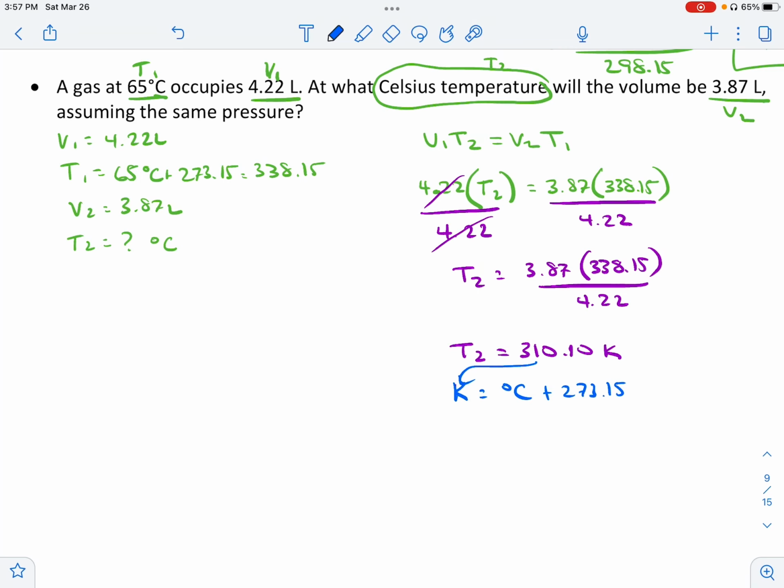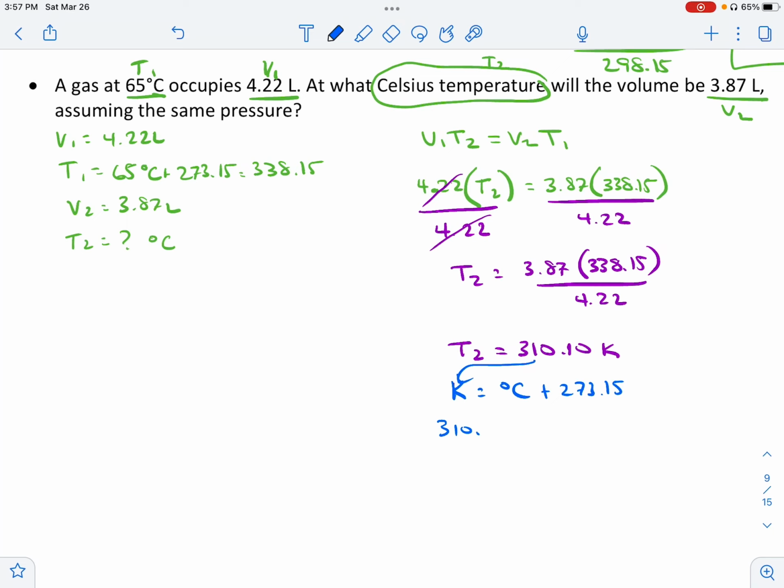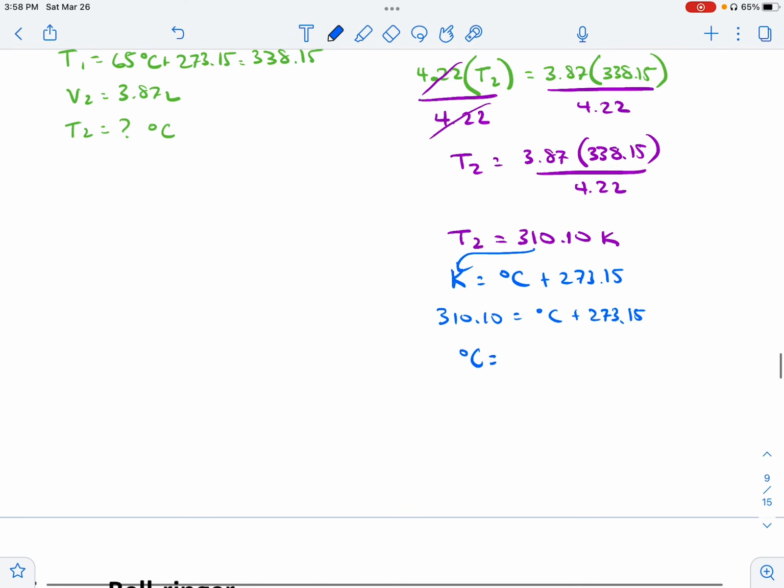So 310.10 is equal to degrees C plus 273.15. If we subtract 273.15 from each side, we should get degrees C of 36.95. 36.95 degrees C, and there we have our answer.